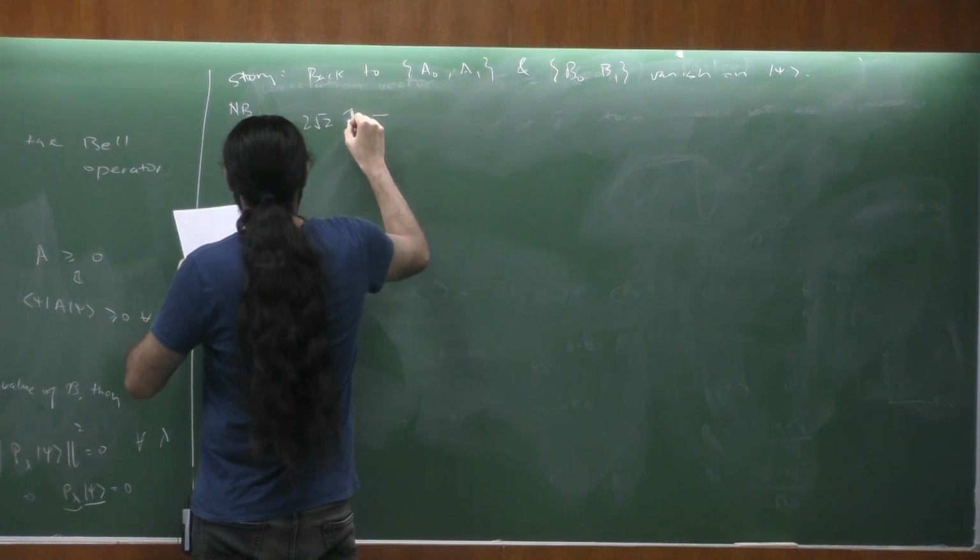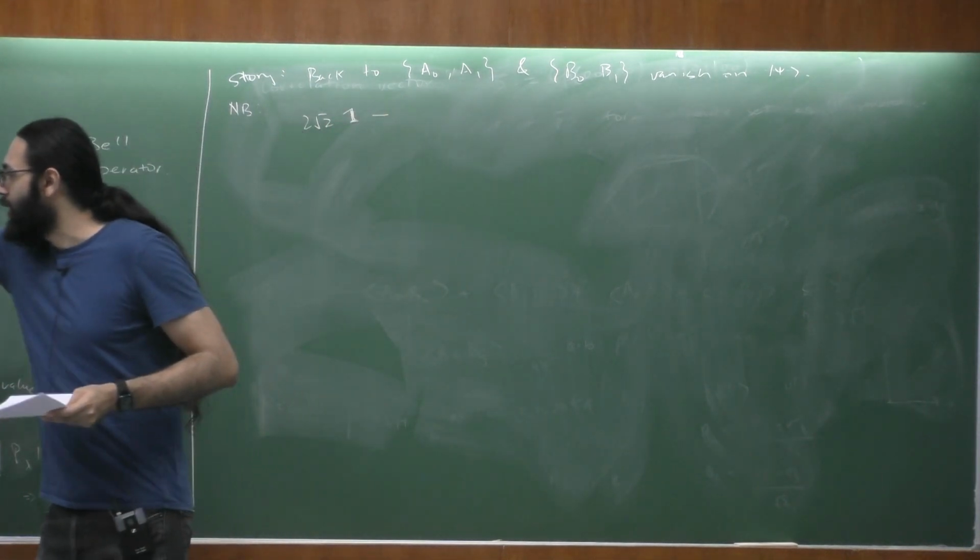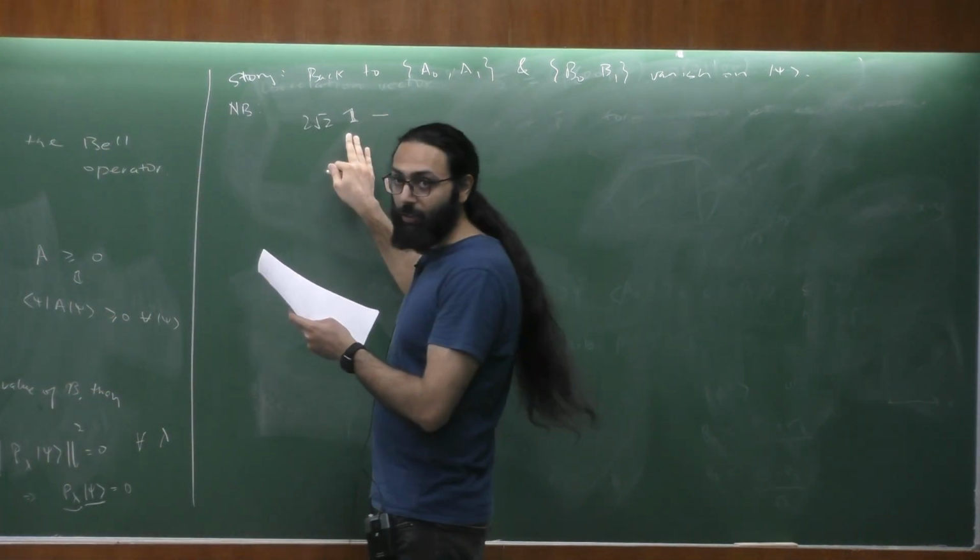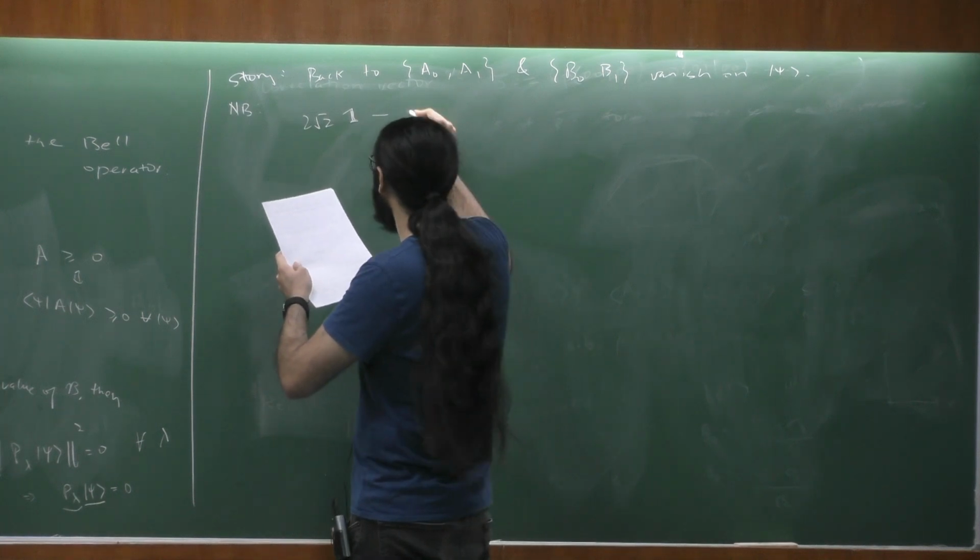Right, so we're going to use essentially the same idea. Now we know beta q is 2 root 2, right? This you proved in your assignment, Tsirelson's bound.